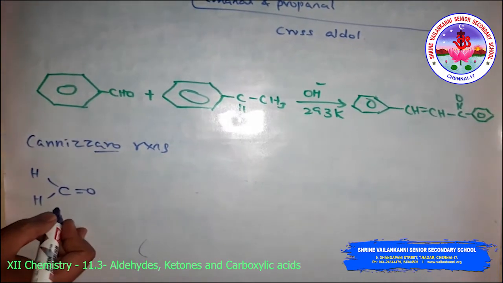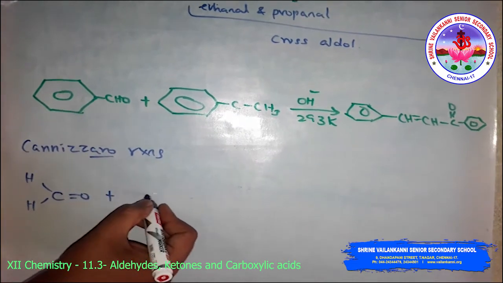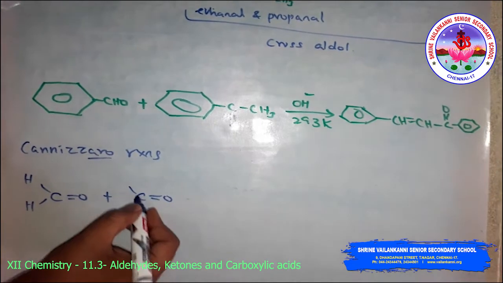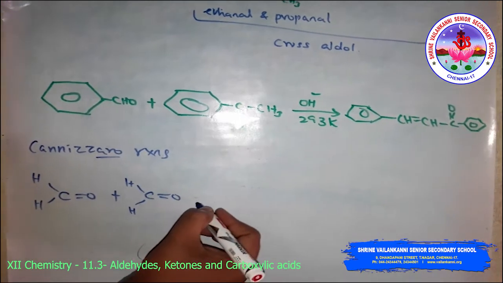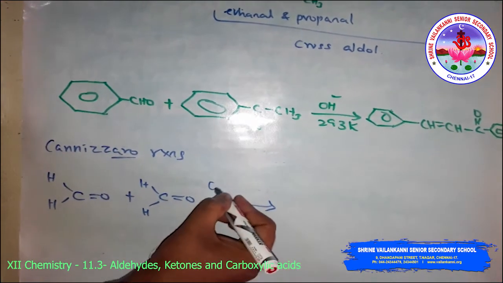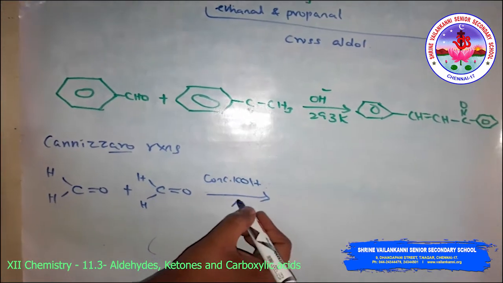Here, the absence of alpha hydrogen, this is formaldehyde, two molecules of formaldehyde. So I am going to write two molecules of formaldehyde and react with concentrated KOH, potassium hydroxide, on heating.